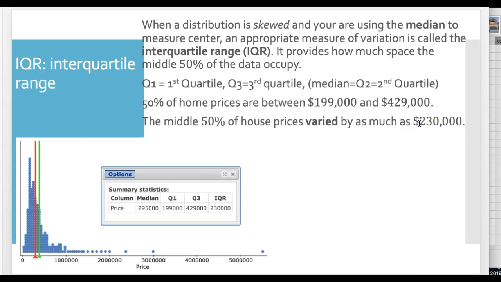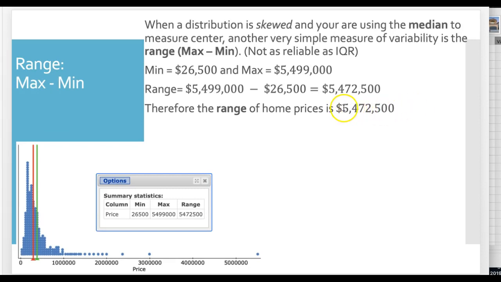This is much more accurate in telling us what the typical home price would be in this area. You really could find a lot of homes between 199 and 429,000, versus scaring someone by saying it could be around $5 million.